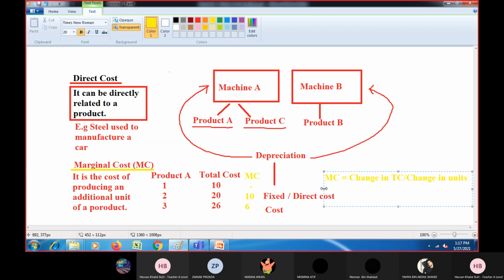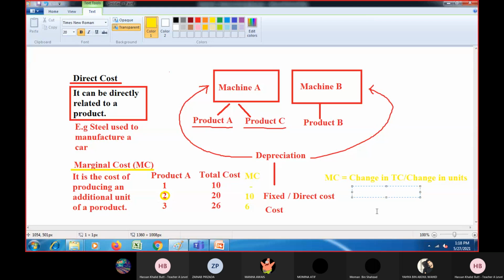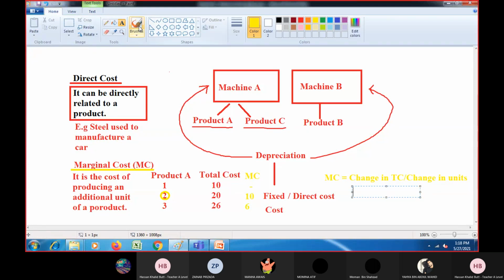Just see. Now, if we use the values here, think about product number 2. Okay, this one, product number 2. Now let's put the values in the formula. Change in total cost. How much change is there in the total cost? We can observe easily.